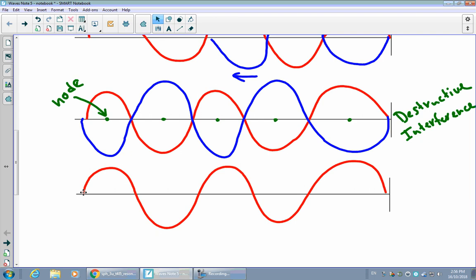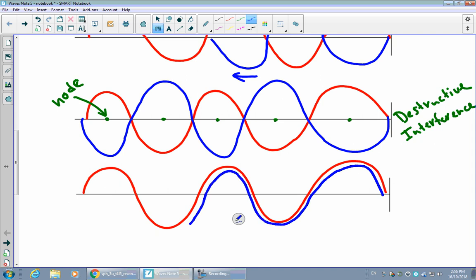But if I wait a little bit longer, eventually, there'll be a split second in time where the troughs and crests will actually perfectly line up with one another. So that every time one is going through a crest, the other is also going through a crest. And when the other goes through a trough, the other follows. So this would be alternating with the situation just above it.